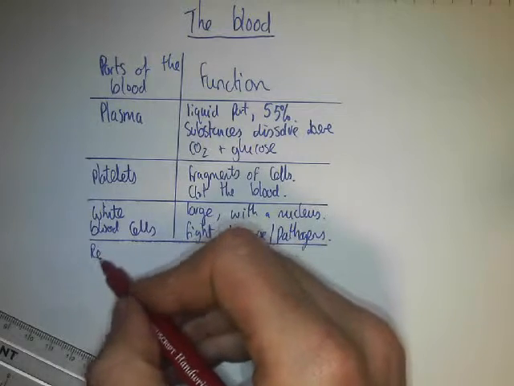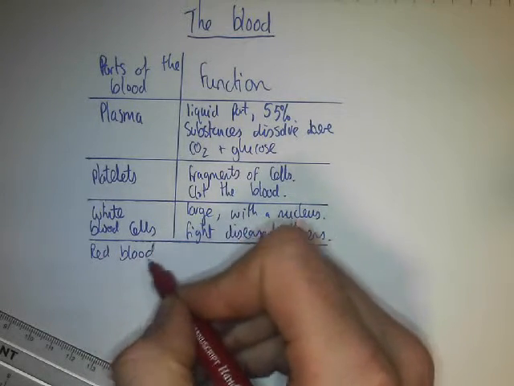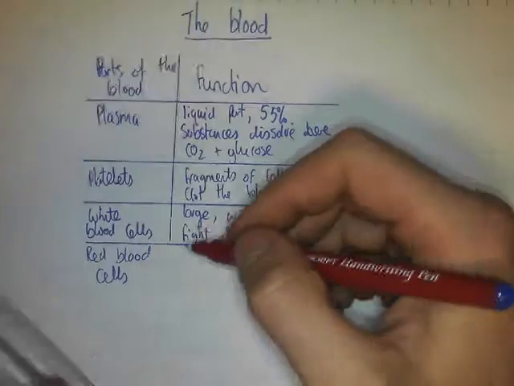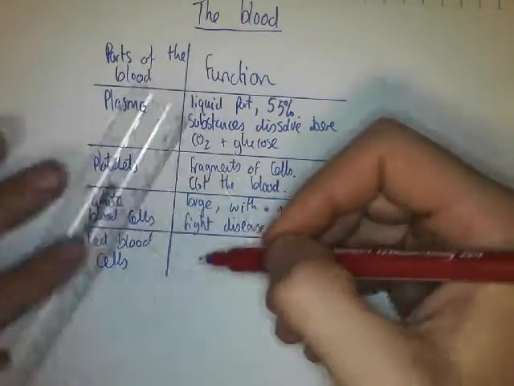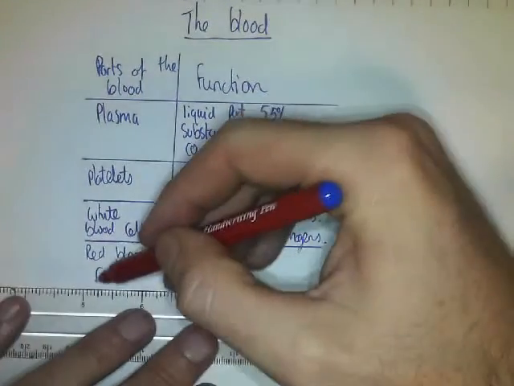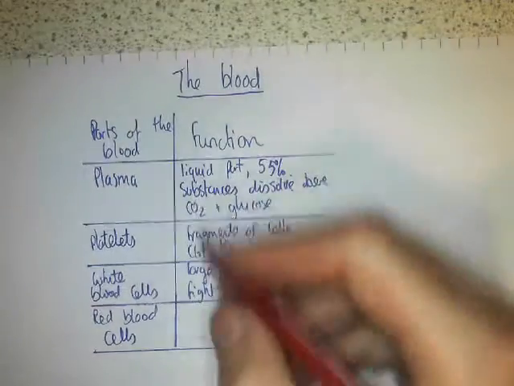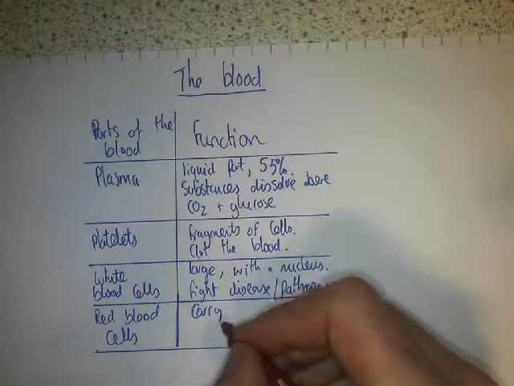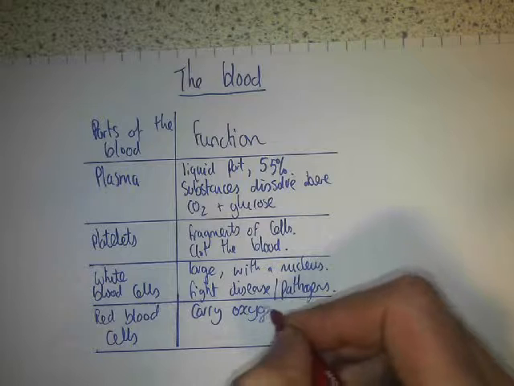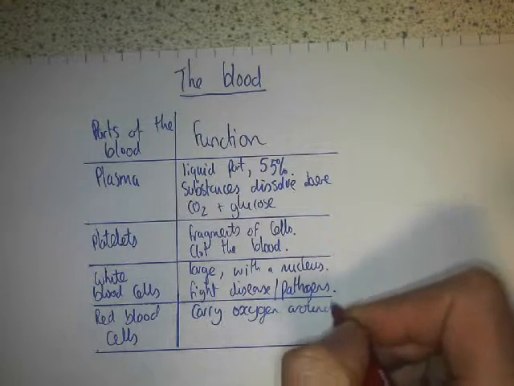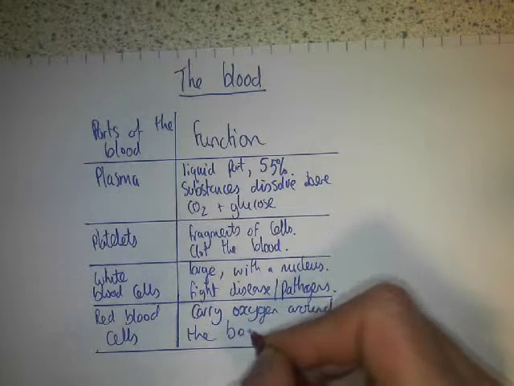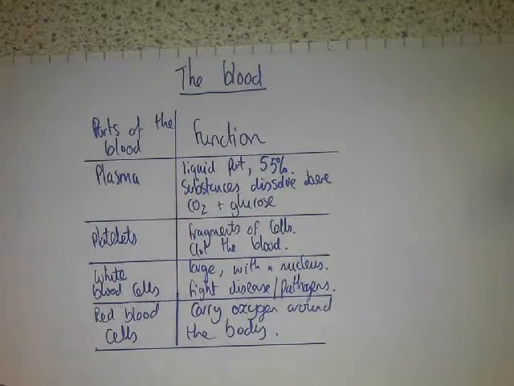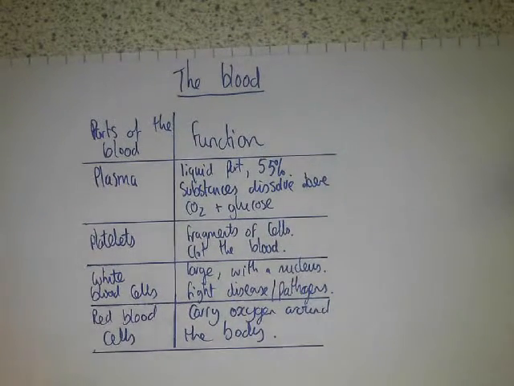And lastly, red blood cells. Red blood cells do a very key job and they carry oxygen. Red blood cells carry oxygen around the body. So, the four parts and the four jobs.